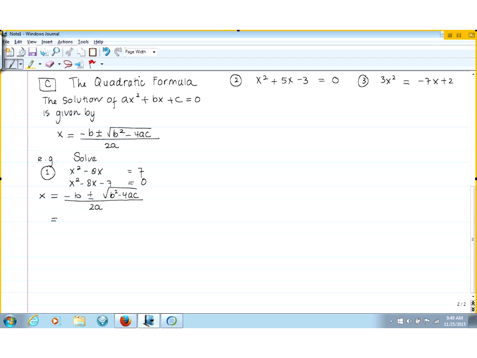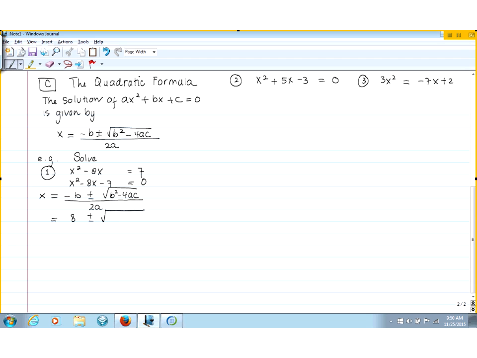So what's negative b? Be careful. What is b in this case? b is negative 8. So what is negative b? It becomes positive 8, because b is negative 8, so the negative of negative 8 is positive 8.